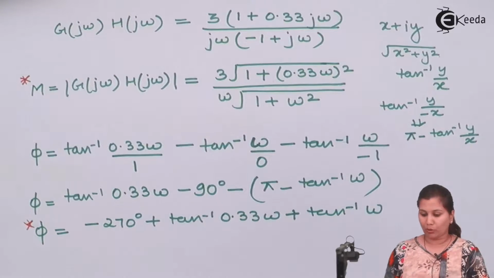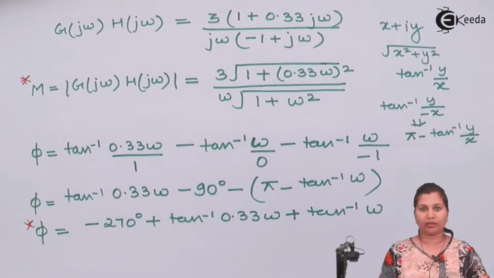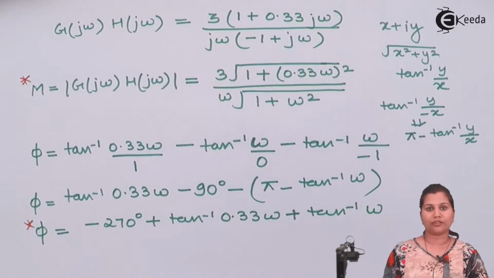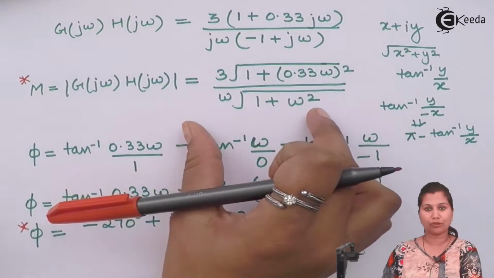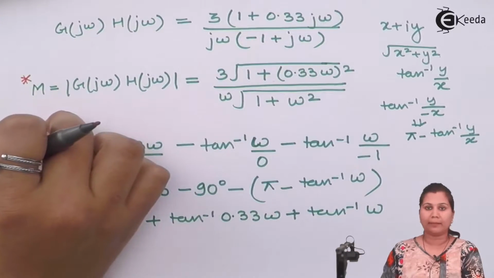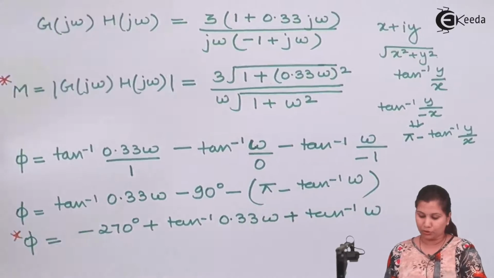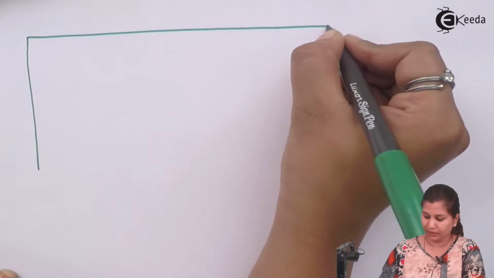Okay, so according to frequency we are going to draw it, and then just like polar plot, we draw first the polar plot and then we take the mirror image of the polar plot. So we are going to take different values of omega, and for those different values we will calculate the magnitude. Okay, so first we will form the table for magnitude and then for the phase angle we will take different values of omega.